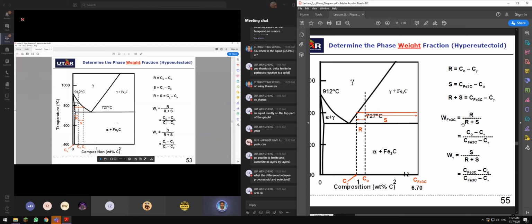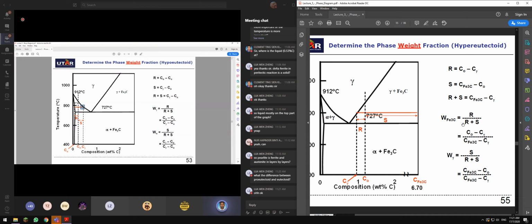Okay, guys. So for the phase weight fraction, for example, when you are here, this is your composition, using the tie line rule.